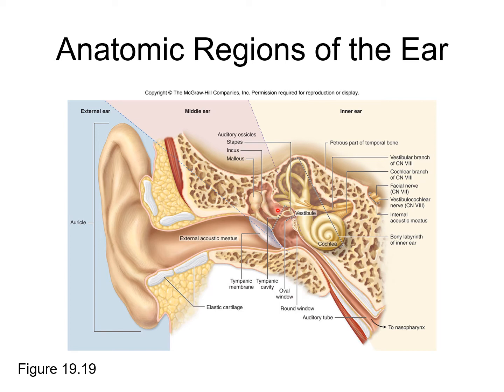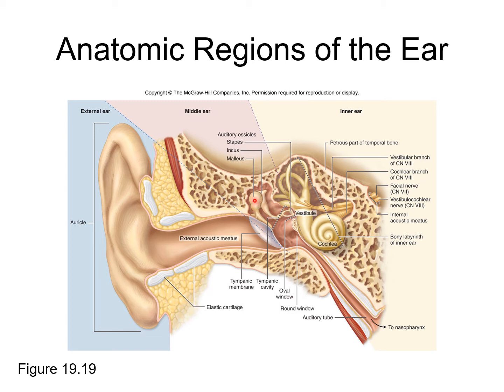This is where you have the three smallest bones in your whole entire body, known as your auditory ossicles. We've got three of them. The one that's attached to your tympanic membrane is the malleus. Then comes the incus, then comes the stapes. Those three small bones start vibrating when the sound vibrations vibrate the tympanic membrane.